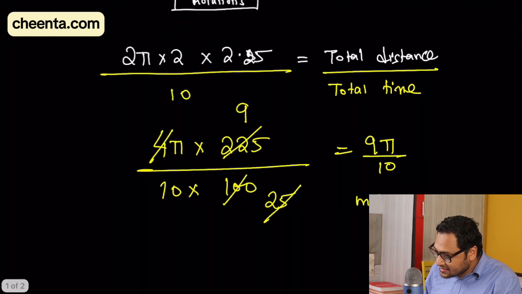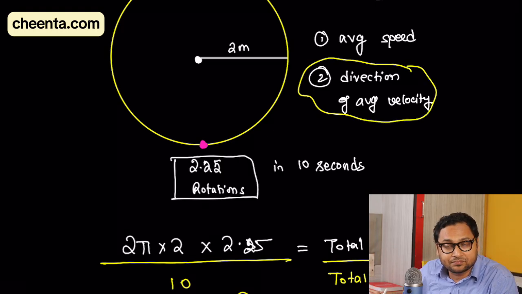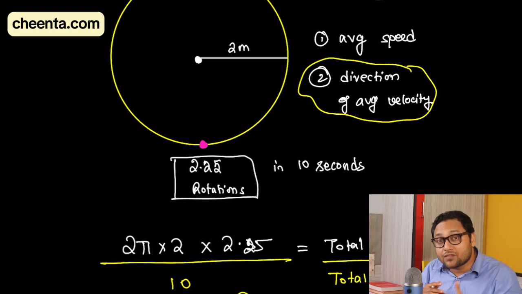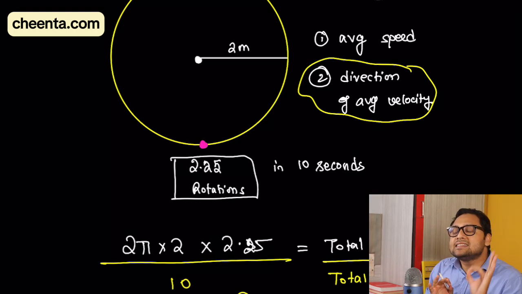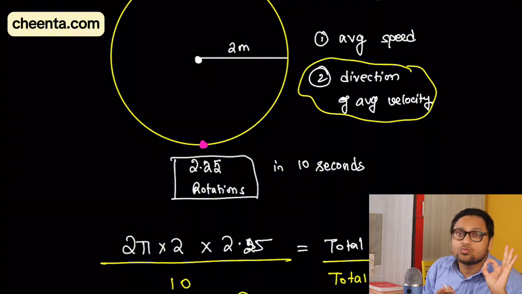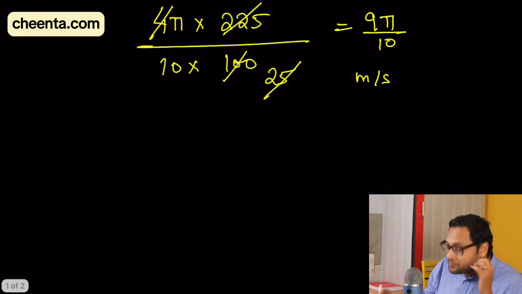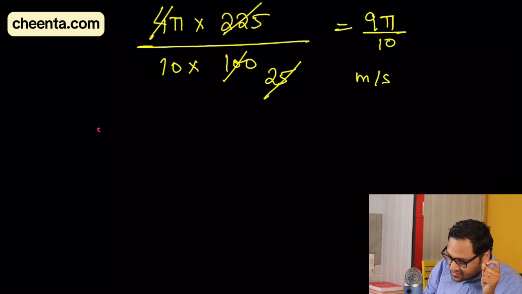Okay. The second part is about the average velocity. To find out the direction of the average velocity, you have to understand that this is a vector quantity. So what is a vector quantity? In simple terms, it is an arrow which has a starting point and an end point.